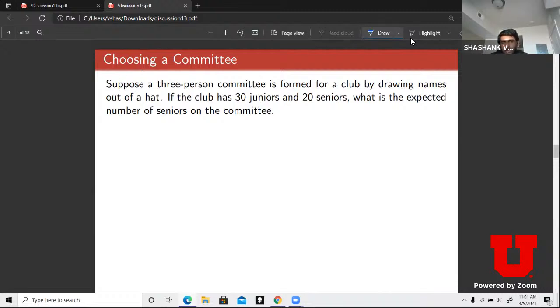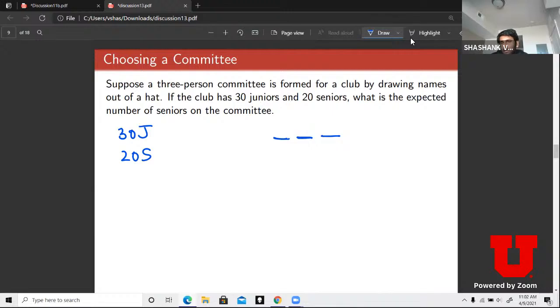So, 3-person committee again. Let's put 3 blanks, 3 dashes. We do have a club with 30 juniors and 20 seniors, and we are to form a 3-person committee, and the question asks you to find the expected number of seniors on the committee.